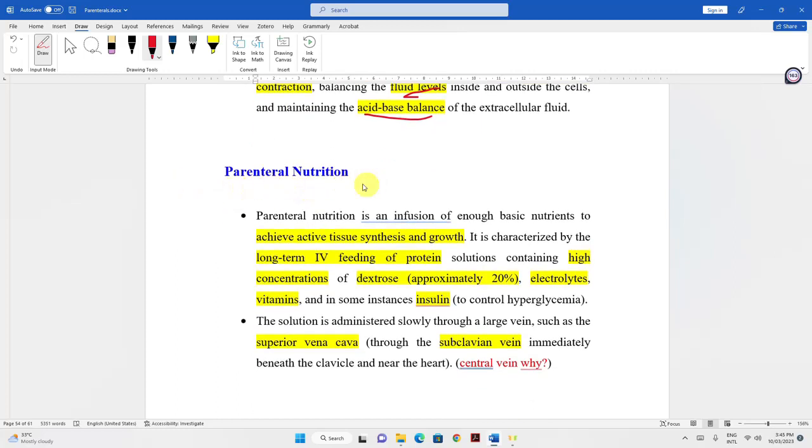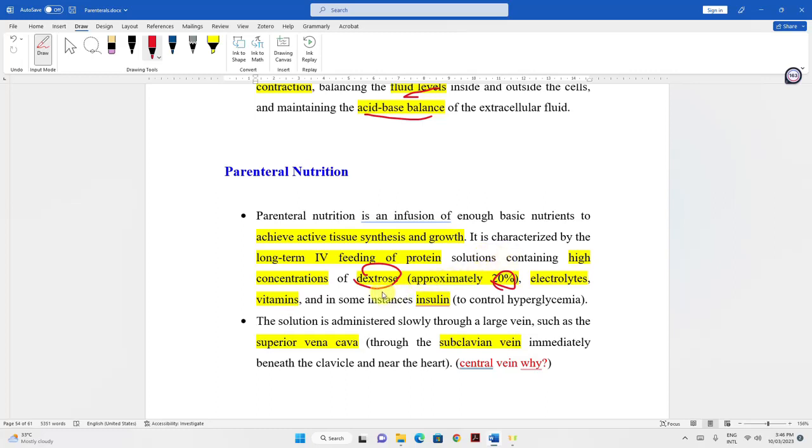For parenteral nutrition, again, let's go back. I told you when the concentration is high, for example, when dextrose concentration is 20%, this is considered high. It means we are trying to give a lot of energy to the patient. It seems he's weak, he lost a lot of energy, a lot of carbohydrates.